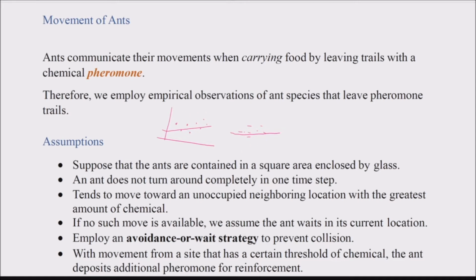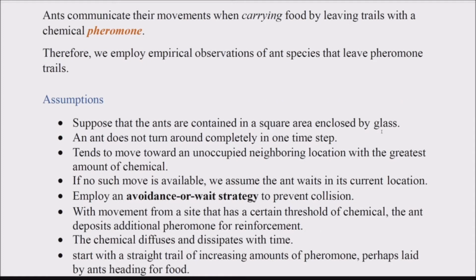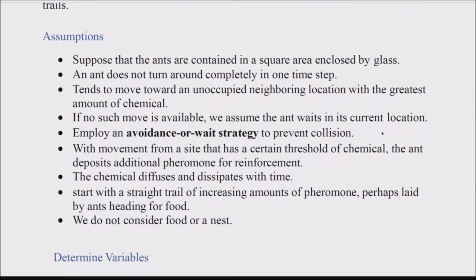Okay, before we move on, obviously this is about ants, so we have to set up some assumptions. Usually when you observe the behavior of ants, we can come up with certain assumptions to simplify the movement of ants. Let me see what the assumptions are here.